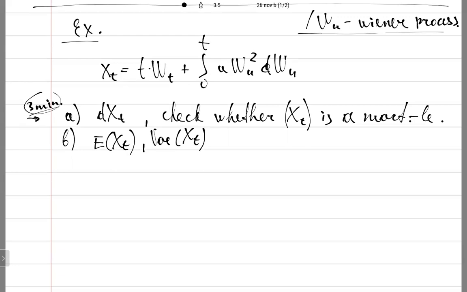We have stated 3 Ito's lemmas: the simplest one, a little bit more general, and the most general. You can write your answer in the chat, or you can just say it loudly.